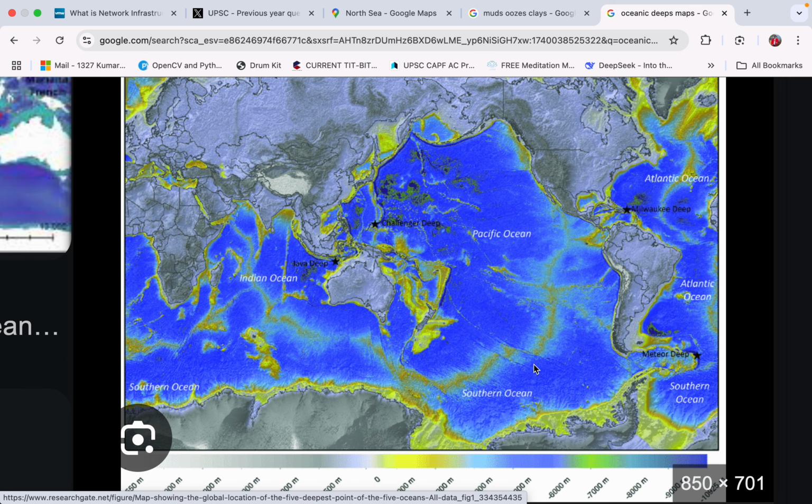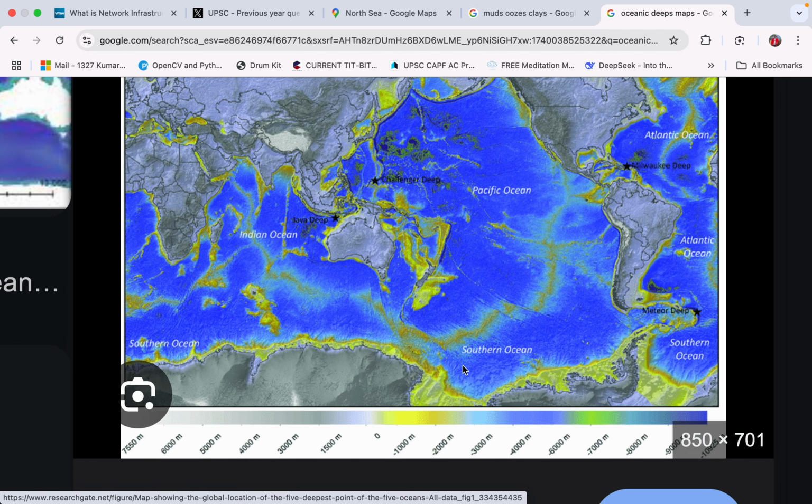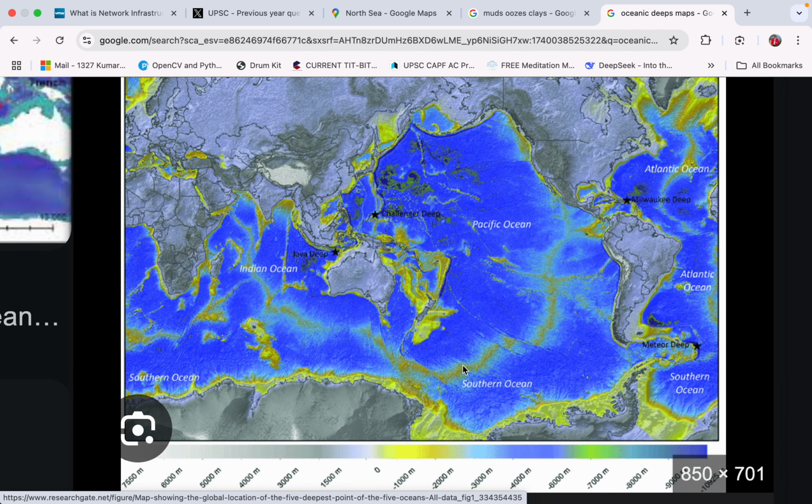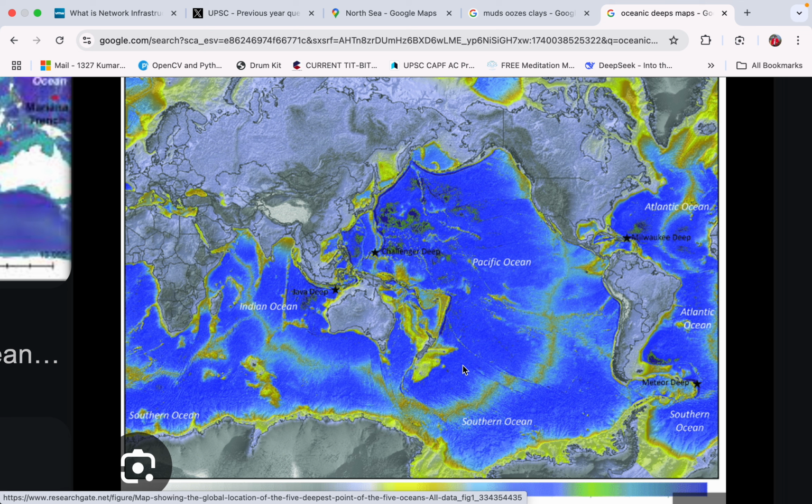So here we can see the mid-oceanic ridges, here also. Mid-oceanic ridges are also visible. And what we are talking about is the continental shelf. Around this area of India, we know Mumbai High and other petrol exploration vessels have been set up in this area.